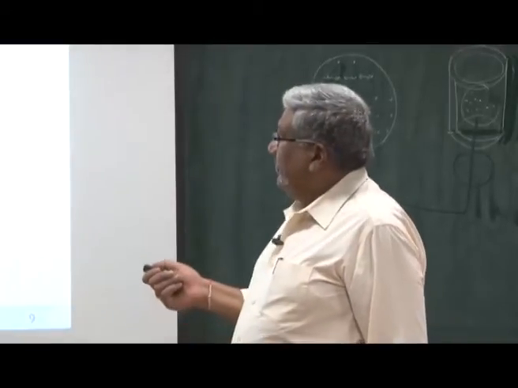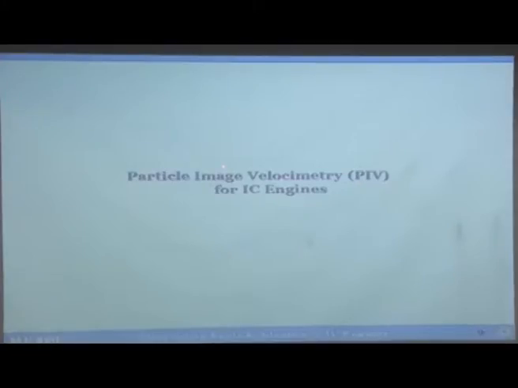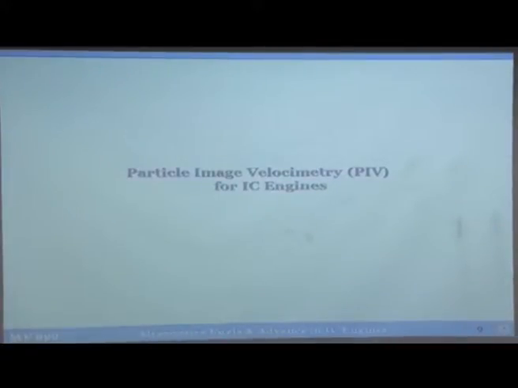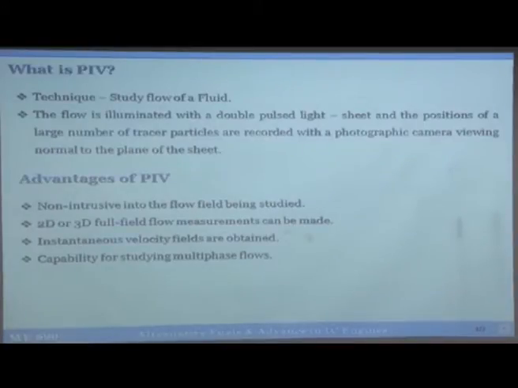So, basically in PIV we understand the flow inside an engine combustion chamber by imaging the particles, and that is why it is called particle imaging velocimetry.